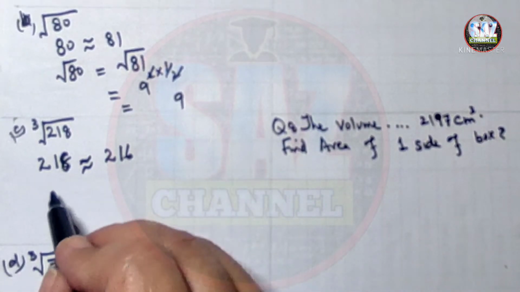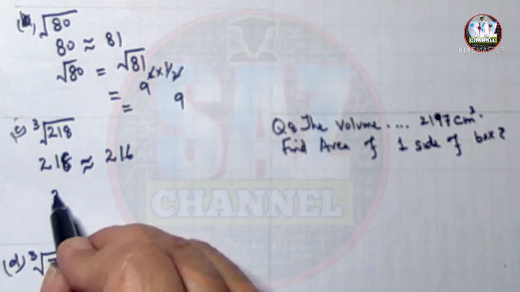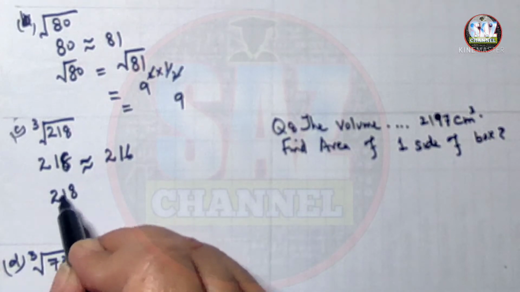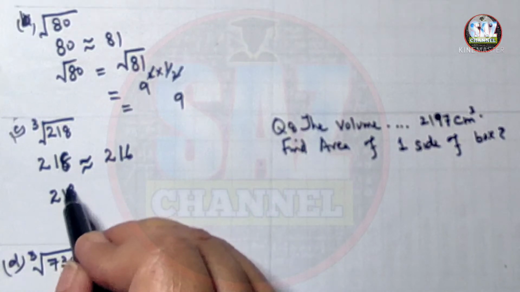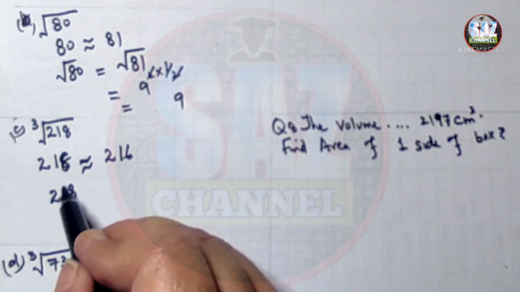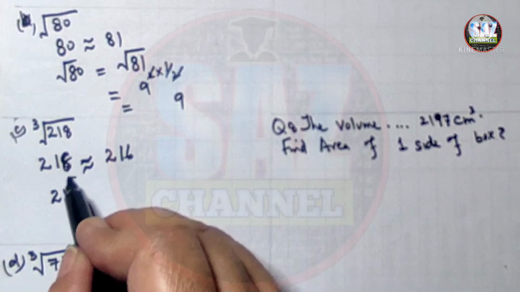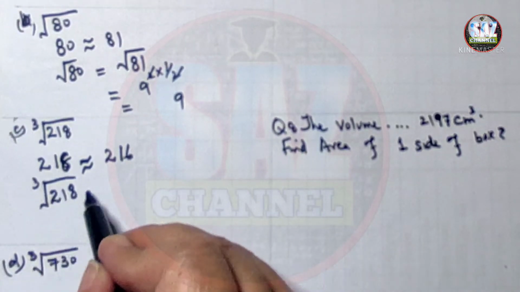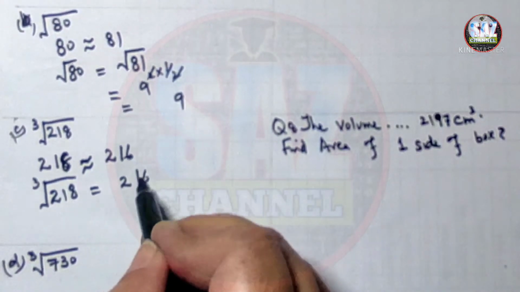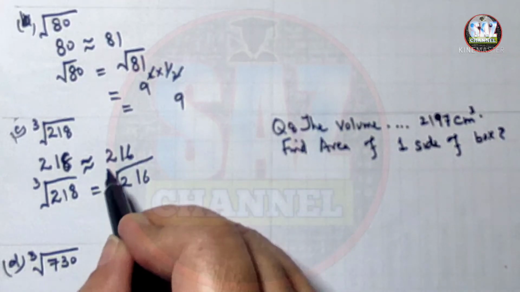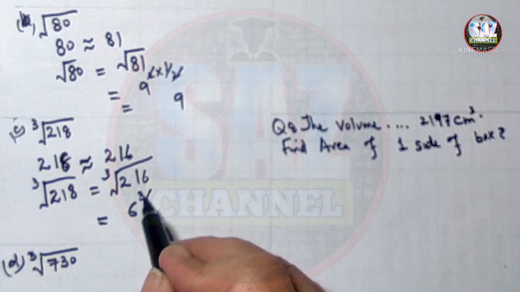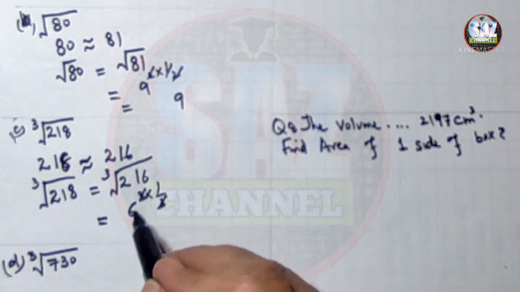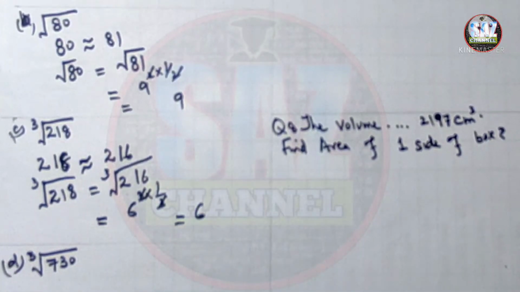Recall the numbers and their cubes. You should have good command on the perfect squares of the basic numbers from 1 till 30, and the cubes and cube roots from 1 till 10. Cube root of 218 will be equal to cube root of 216, which will be equal to 6 cubed raised to power 1 by 3. This goes easily and you will be left with 6 only.